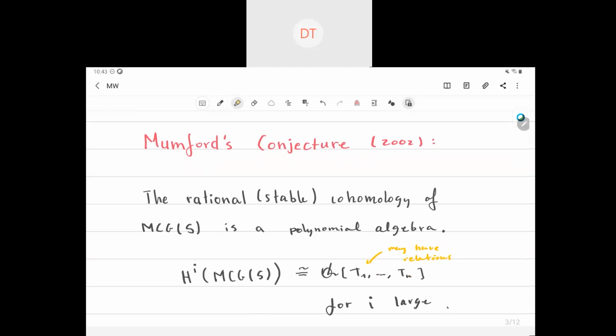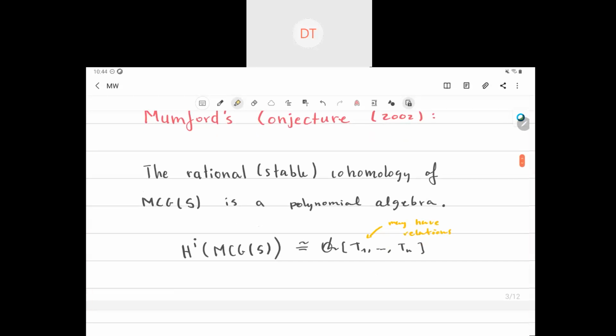His conjecture is about the rational stable cohomology of the mapping class group of a surface, and he conjectured that this rational stable cohomology is a polynomial algebra, right?